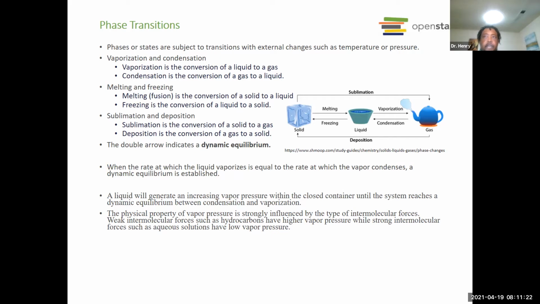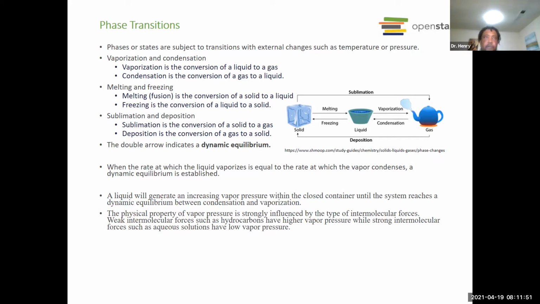Now, these processes get into equilibrium. There's a point where you reach dynamic equilibrium where you have, let's say, water and vapor, right? So the arrows here going both directions, there's a point of equilibrium that is established. So that is actually called dynamic equilibrium. And what that basically means is that let's say we have just a pool of water, a lake or something like that, right?